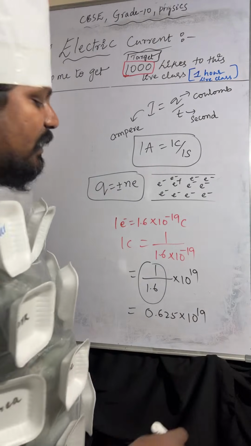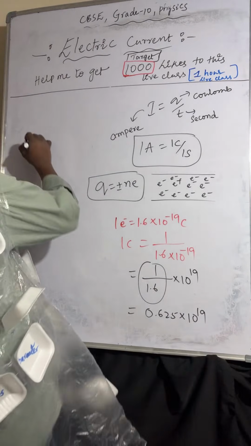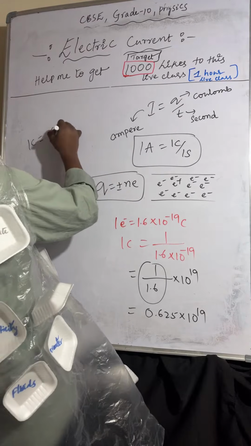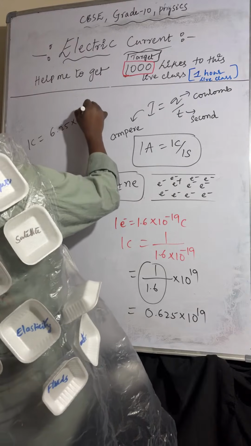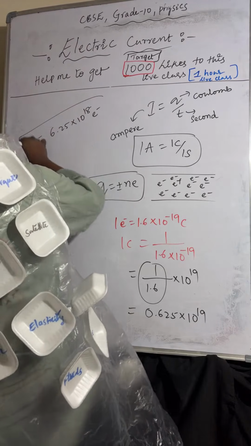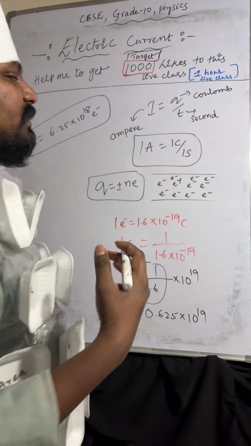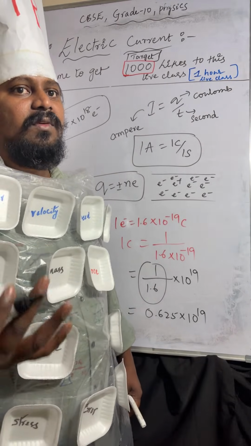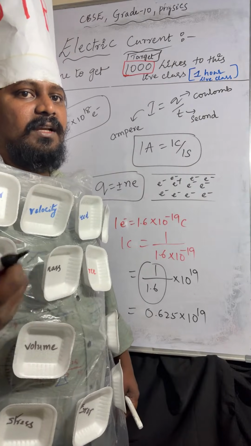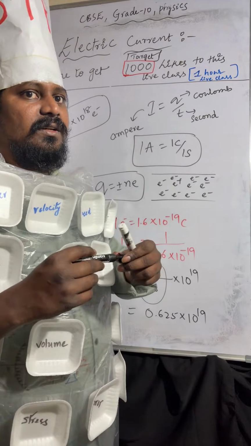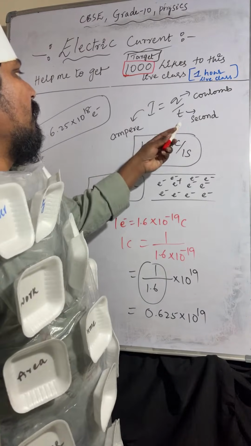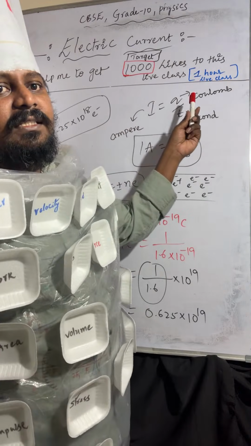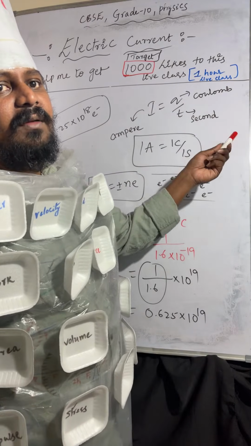So if you take 1 coulomb, 6.25 into 10 power 18 electrons are present. Understood? I equal to Q by T. The SI unit of current is ampere, the SI unit of charge is coulomb, and the SI unit of time is second.